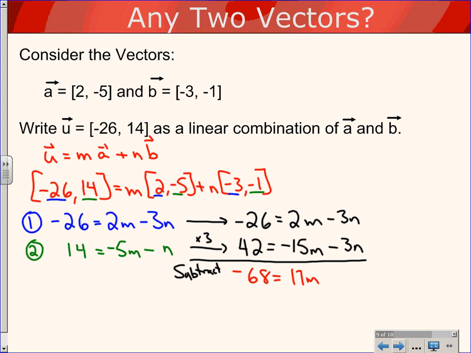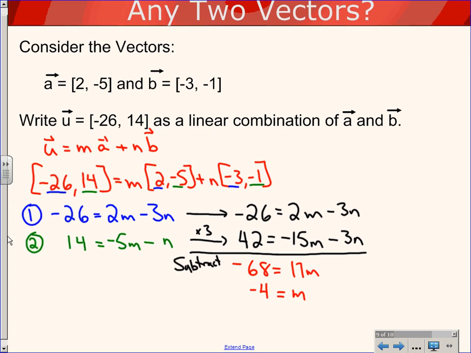And that works out nicely, actually. -68 equals 17m. Divide both sides by 17, and you get -4 for m. So that means that I need -4 vector a's. Right? That's what we have so far. We're not quite done. We still need to figure out what n should be. So let's see, can I get a little more space here? A little bit.